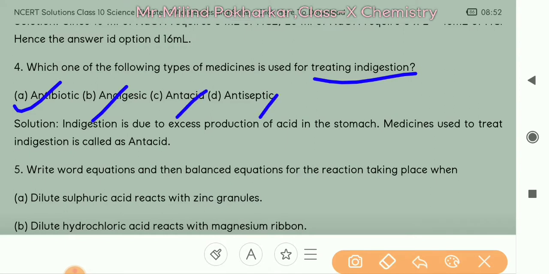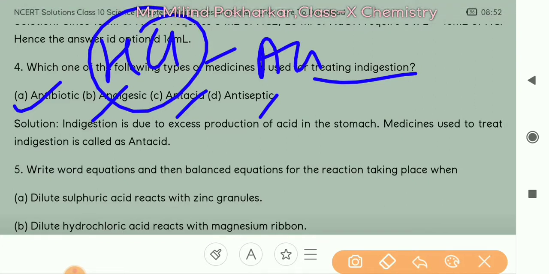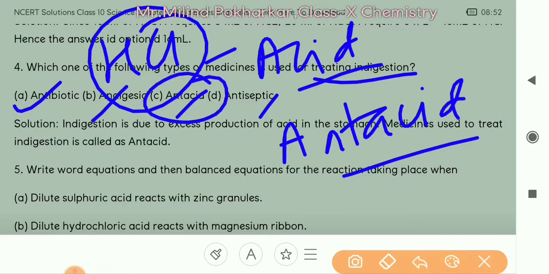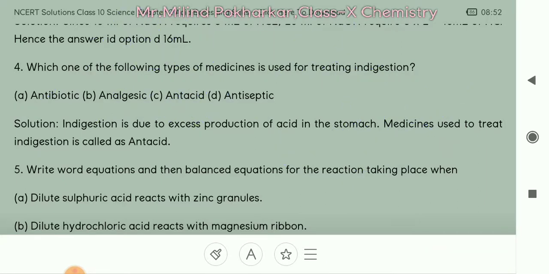Indigestion is a problem caused due to acidity, and acidity is because of the secretion of HCl, that is acid. To treat that we use antacids, which are actually bases. So the correct option is antacids, so here C is the correct option.